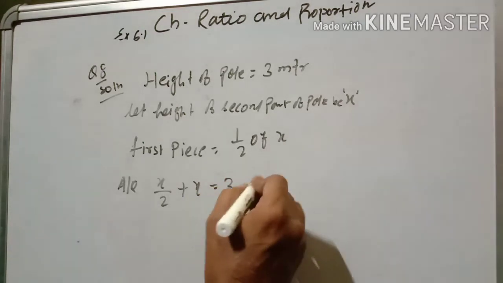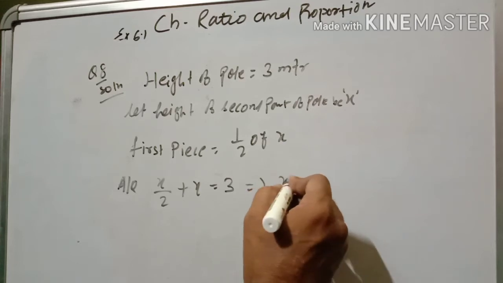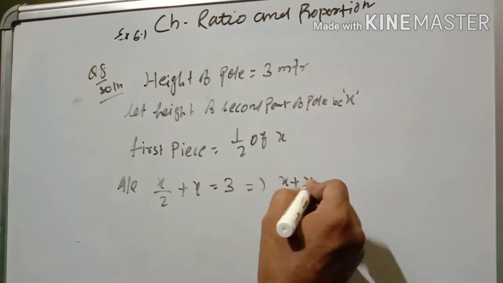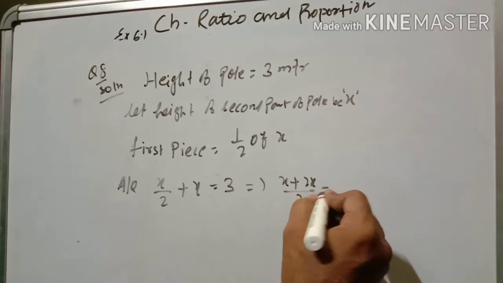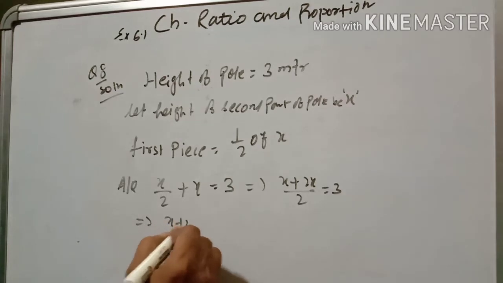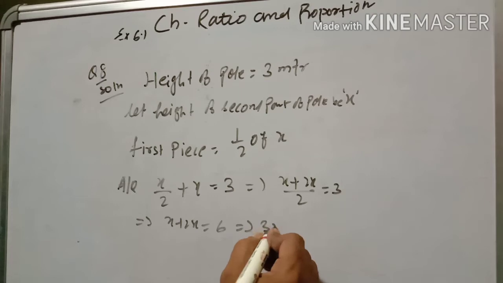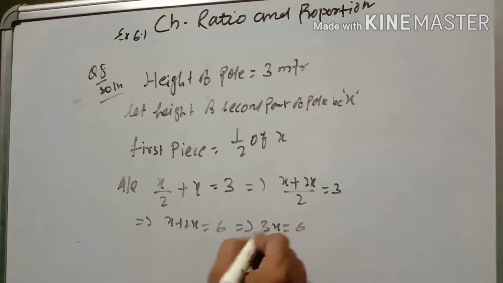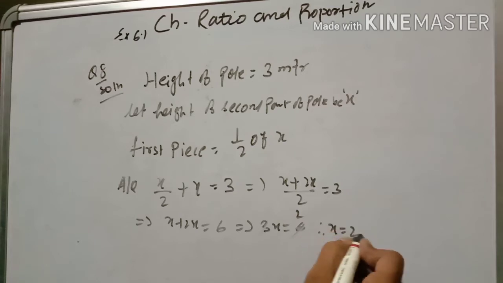Taking LCM, it will be x plus 2x by 2 equal to 3. This implies x plus 2x equal to 6, so 3x equal to 6. Therefore x equal to 2.